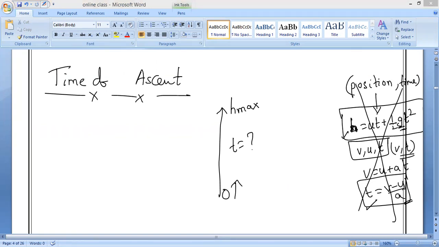Time of ascent is the time taken by a body thrown up to reach maximum height.